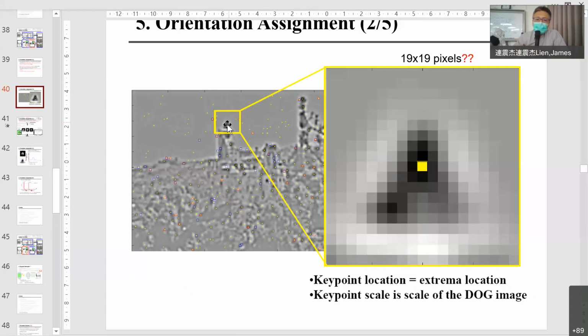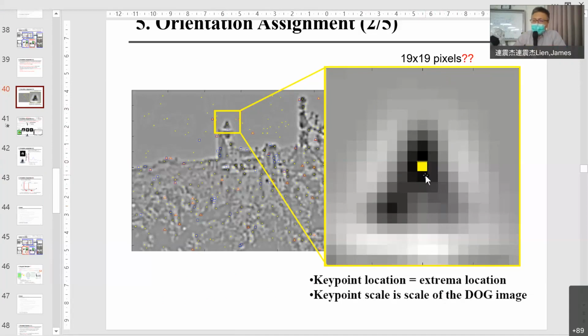So if you only use 1 point, it is not stable, so you can use a small patch. But in their case, because they are trying to build a patch descriptor, they use a bigger patch size.